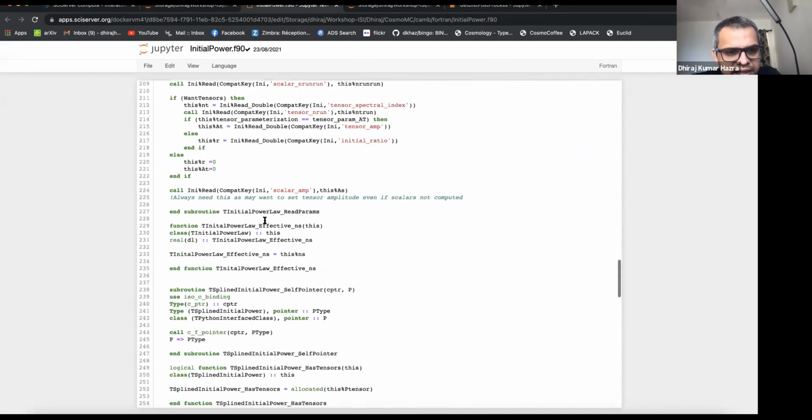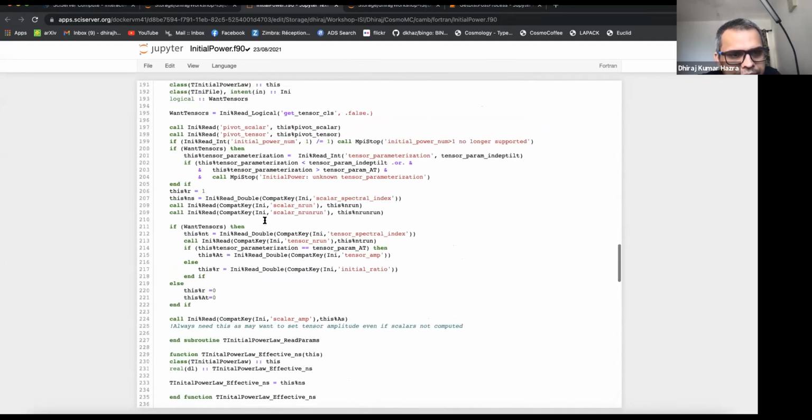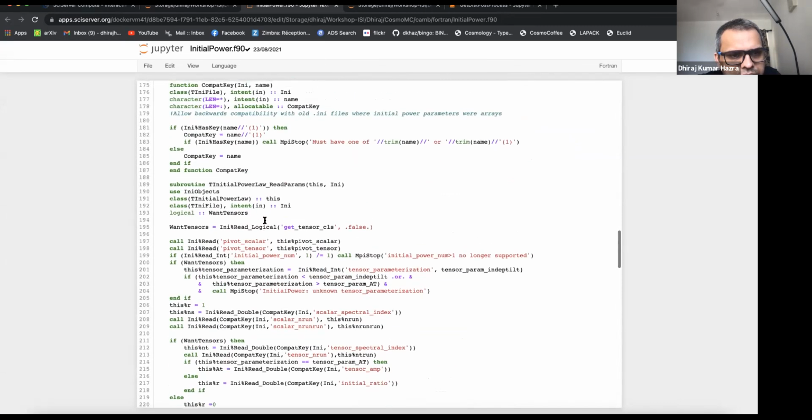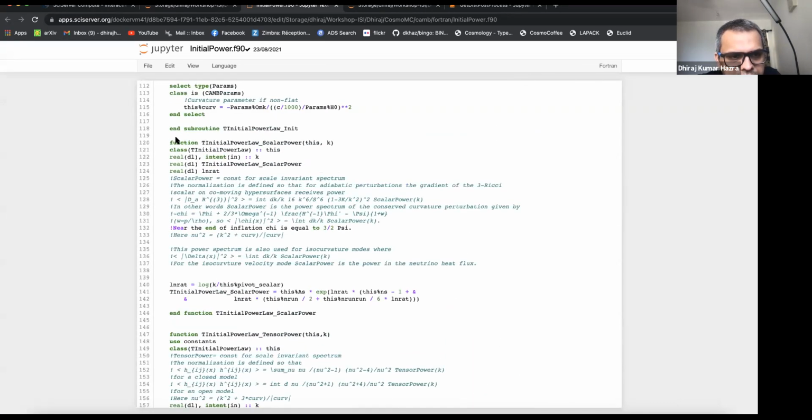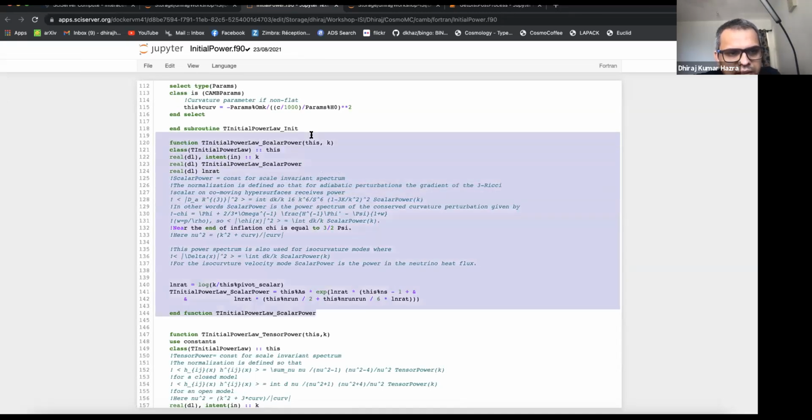So you will find T_InitialPowerLaw, a function called scalar power.